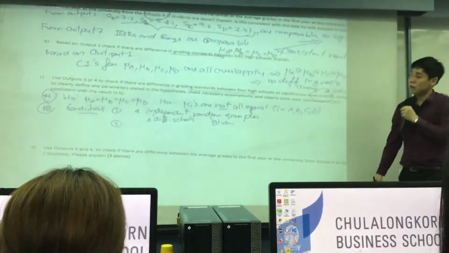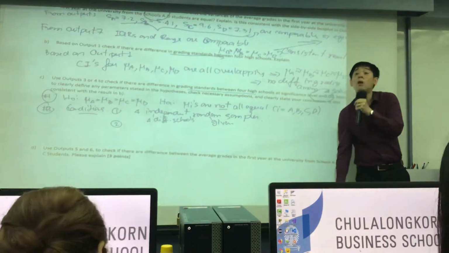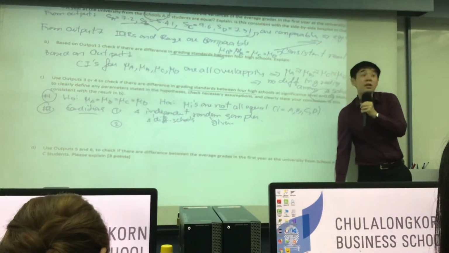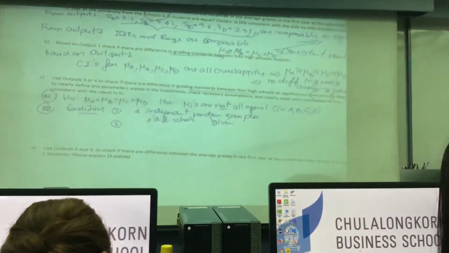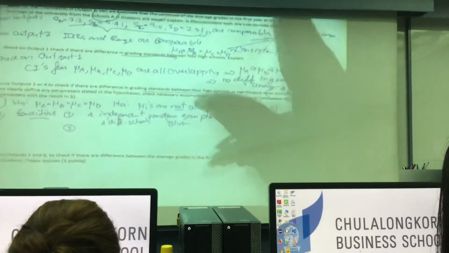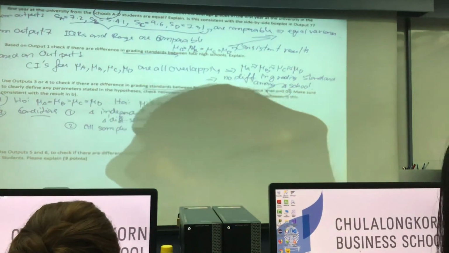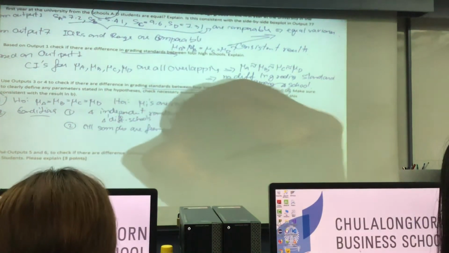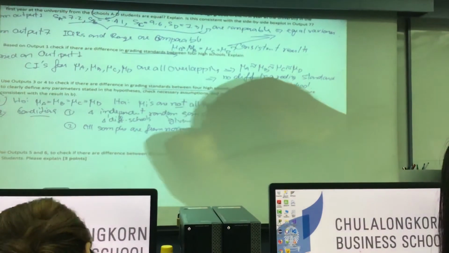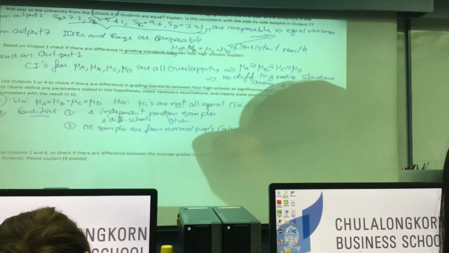Step 2, the second condition is they all are from normal populations with equal variance. Turns out that the question said that all samples are from normals.